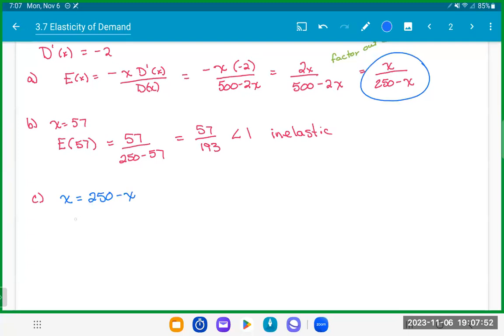Okay, so that would give me 2x equals 250, divide both sides by 2, and I get that x equals 125. So that means the revenue is maximized when the price is $125. Okay, any questions?